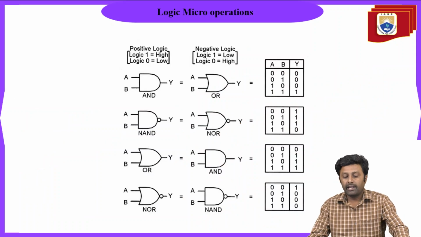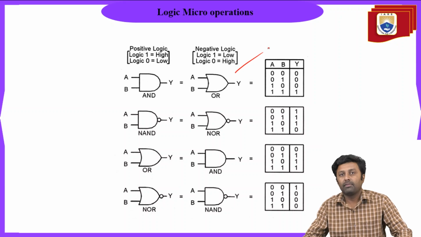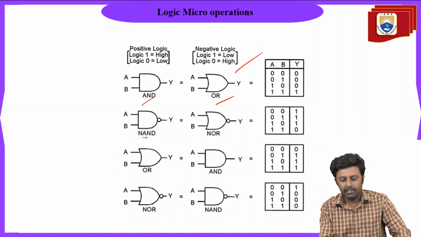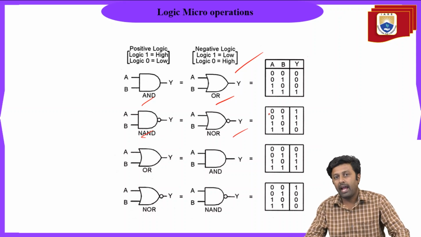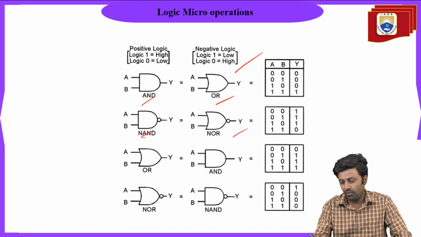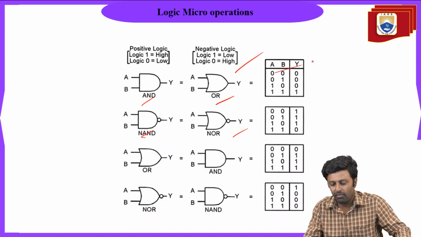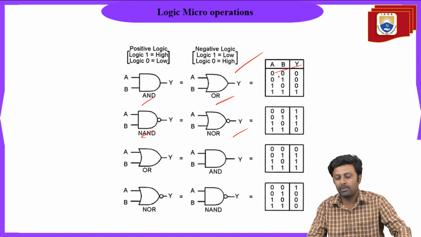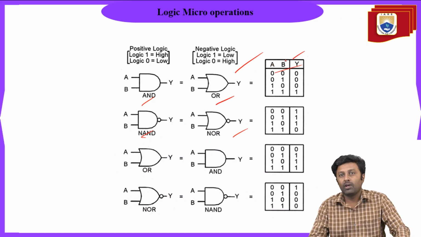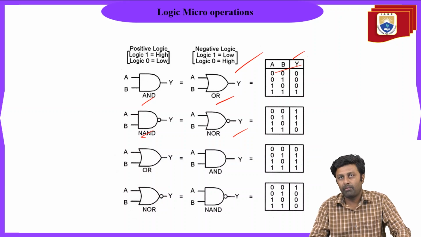In this diagram, there are different types of logical microoperations, that is AND, OR, NAND and NOR. As all of you know, the basic AND operation performs multiplication. In this table A and B are given, and the AND operation is performed here.